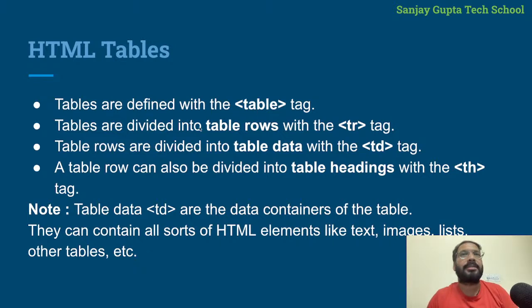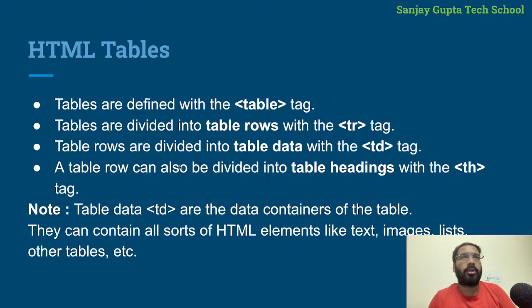Here you can see we have one more thing: in HTML we can create tables on the page. If you want to show something in the form of a table, you can create that also. Tables are defined with the table tag, and tables are divided into table rows with the help of the TR tag, and table data with the TD tag.